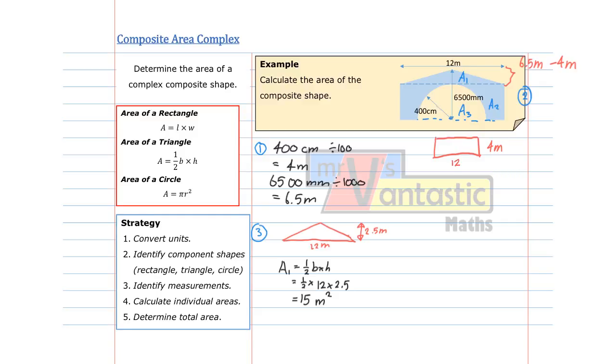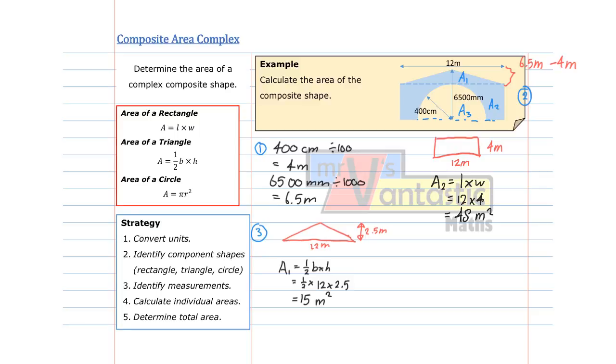So we're using a bit of reasoning here to figure out what those measurements are. So area 2 is a rectangle, so length times width. And to calculate that area, we are multiplying 12 by 4, which is 48 meters squared. Easy enough.